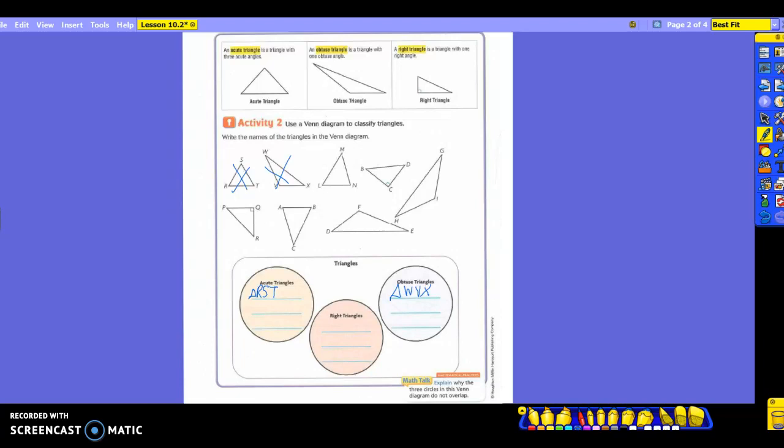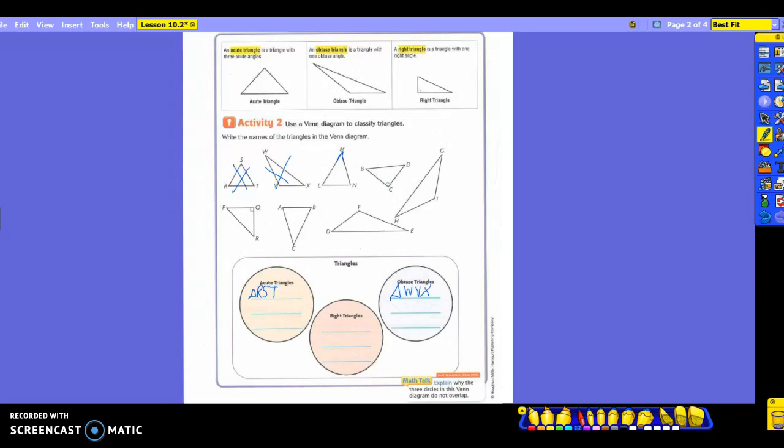Brayden, can you tell me where this one's going to go? What do you see there in that triangle? What kind of angles? There's a right angle in that one. So what kind of angle is this? Is it acute, obtuse, or right? What kind of angle is that? Obtuse is larger than a 90-degree angle.